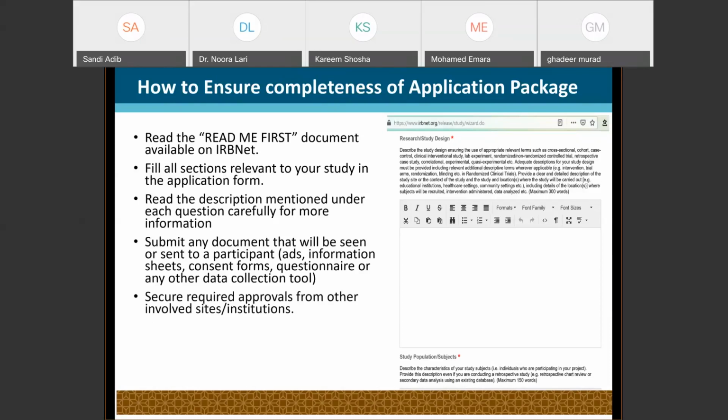Secure required approvals from other involved sites or institutions. Here also, please refer to us when you are not sure whether you need an approval from another institution or not, for a collaborative institution. If you are not sure, do not wait until you submit your application.